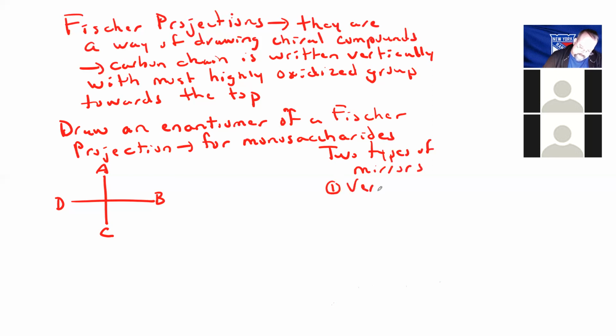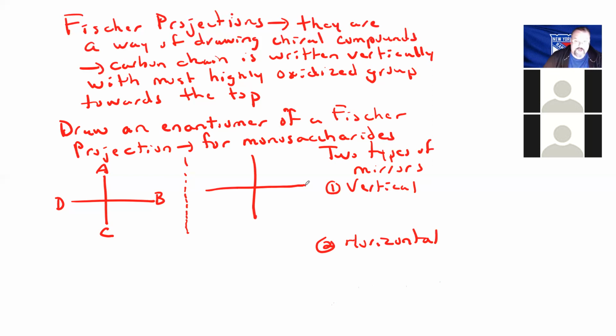There's the vertical, and there's the horizontal. Now, as you saw in the notes, when we use a vertical mirror, essentially everything that's vertical stays where it is. So here A and C would stay exactly where they are.